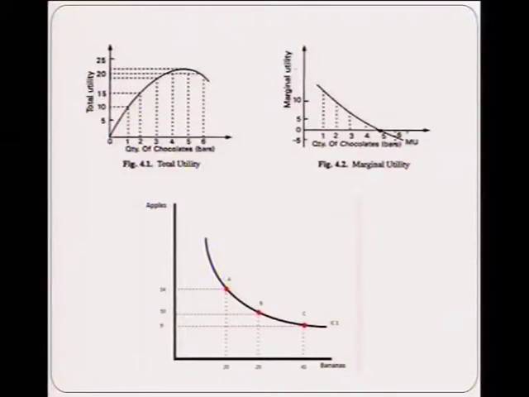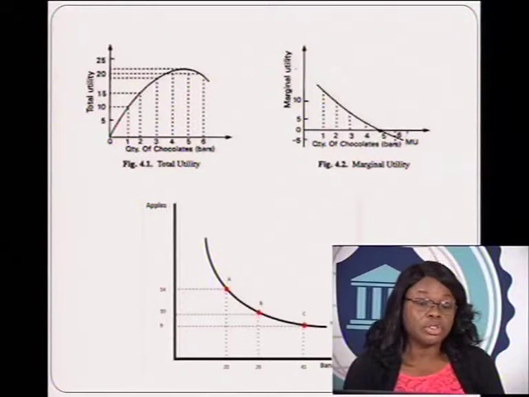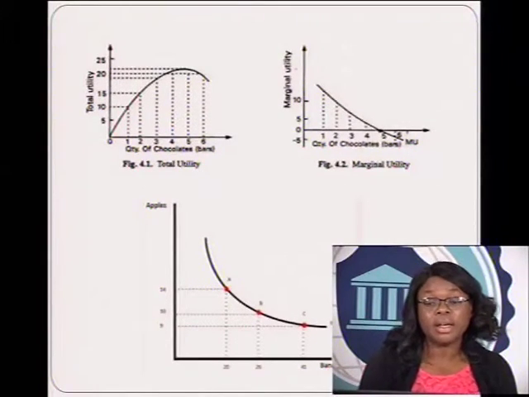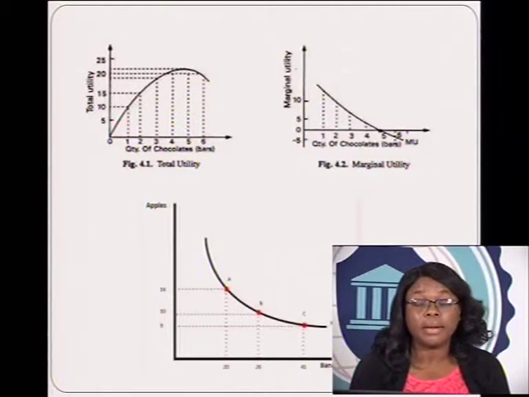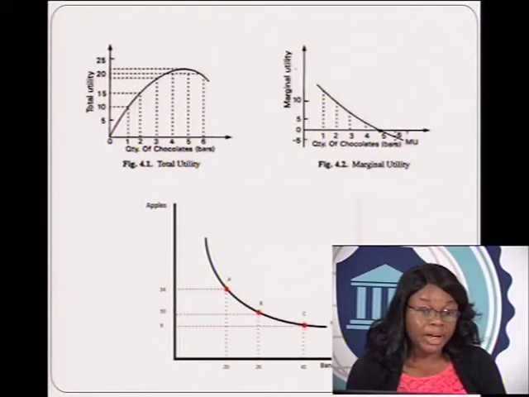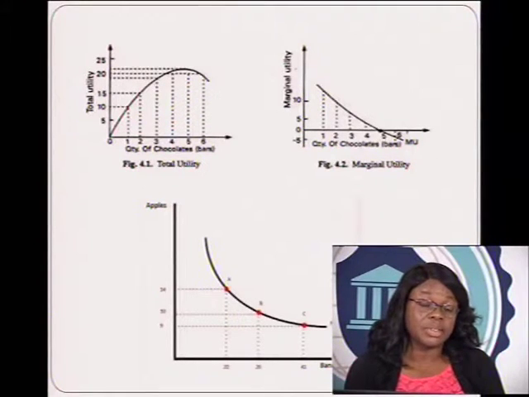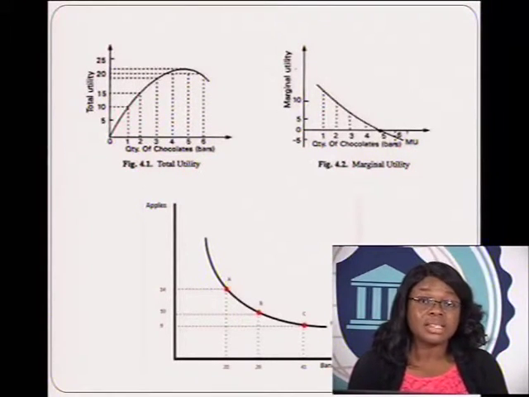Graphically, you can see the first diagram on the left, the total utility. You can see the quantity of chocolate bars, for instance, and the total utility. The more bars you consume, the more utility or satisfaction you derive, until we get to the peak there. And after the peak, the utility begins to fall, which is the point at which you say diminishing returns has set in.